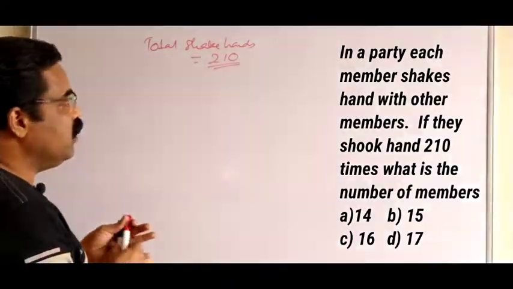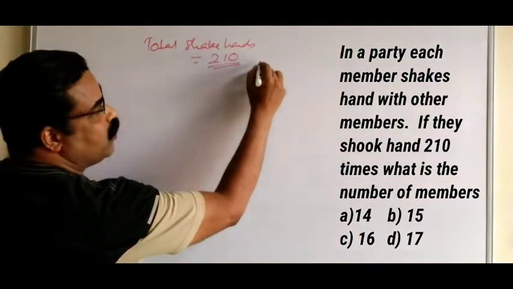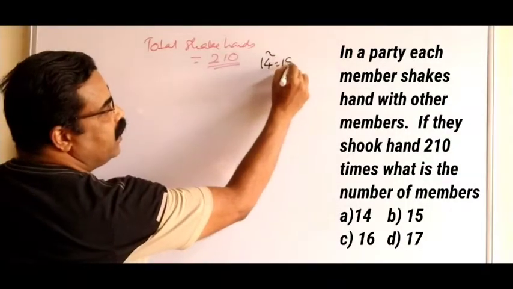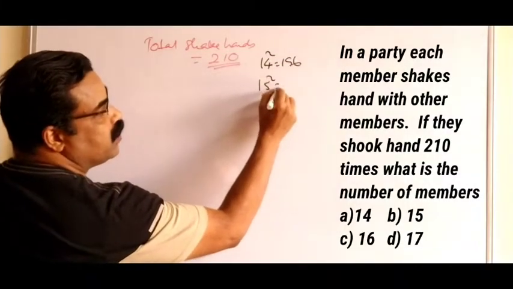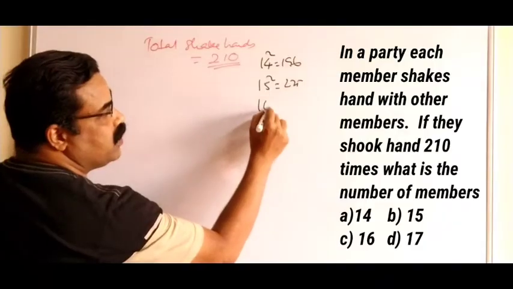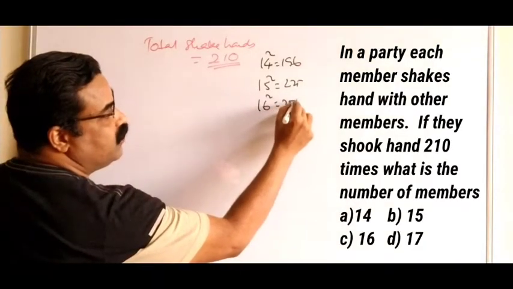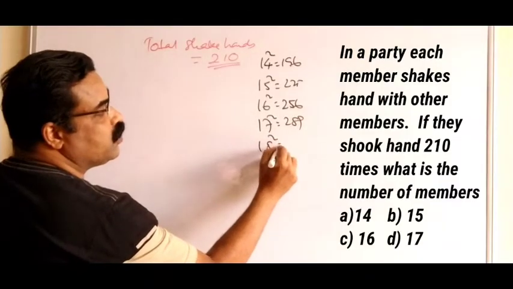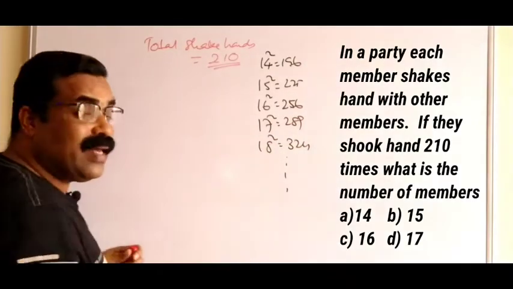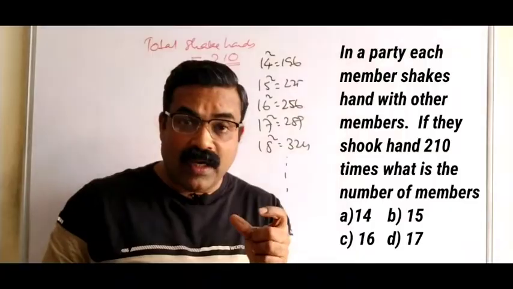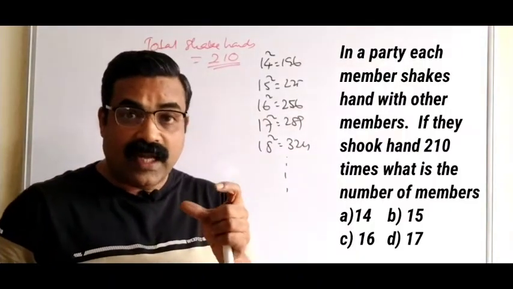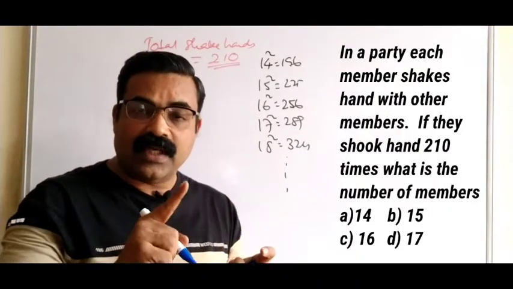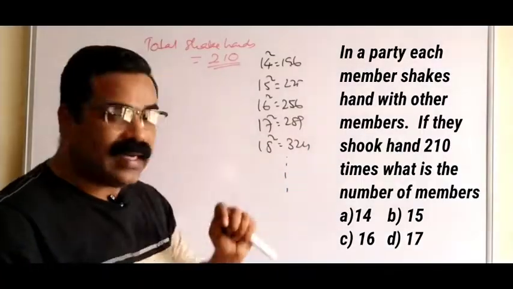We know 14 square is 196, 15 square is 225, 16 square is 256, 17 square 289, 18 square 324, it goes like that. But what I am asking you, what is that perfect square which comes immediately after 210?